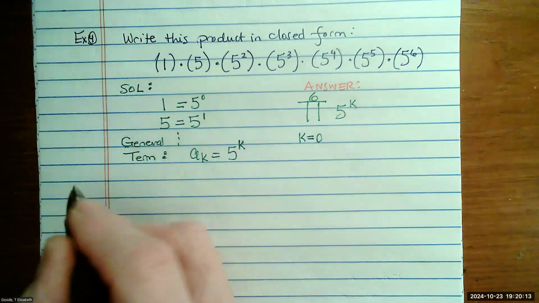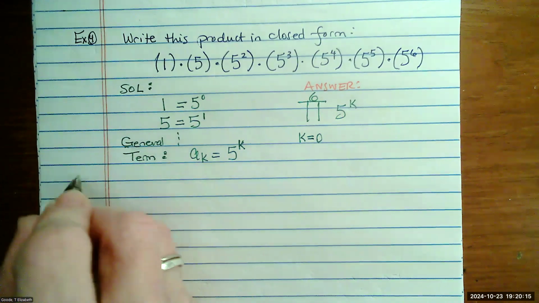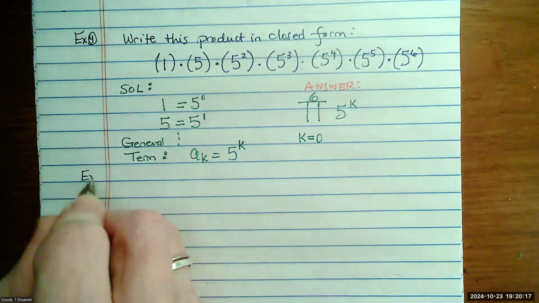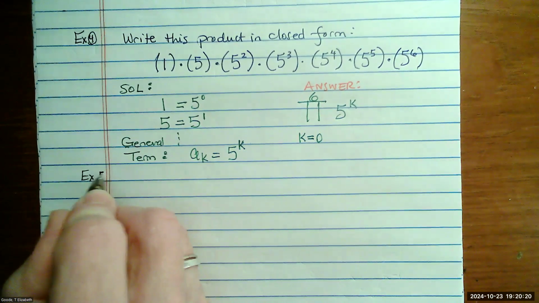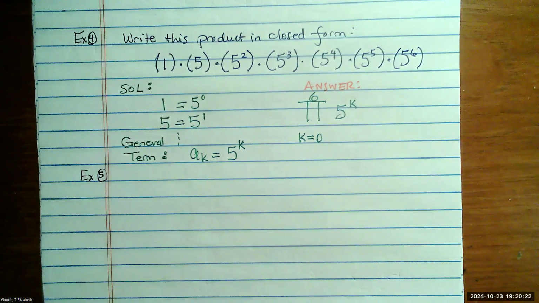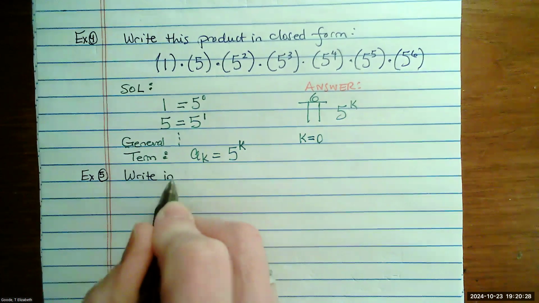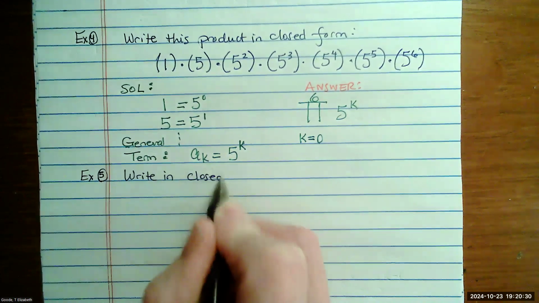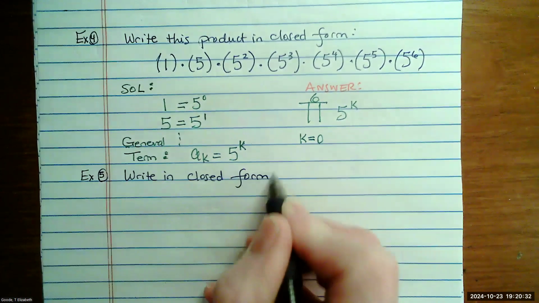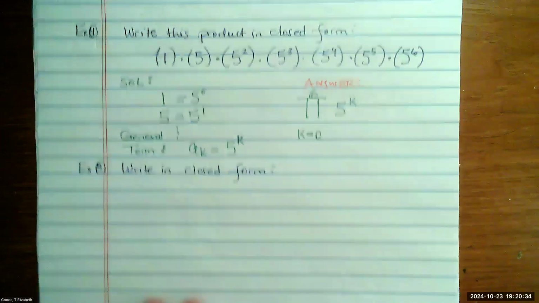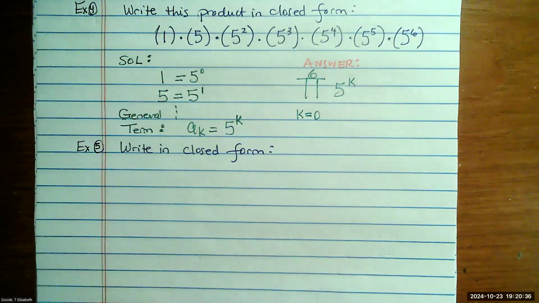Let's practice some exponent games. Write in closed form. Again, what I haven't got prepared for you is the other way around. I'll tell you the mistake that you'll make.